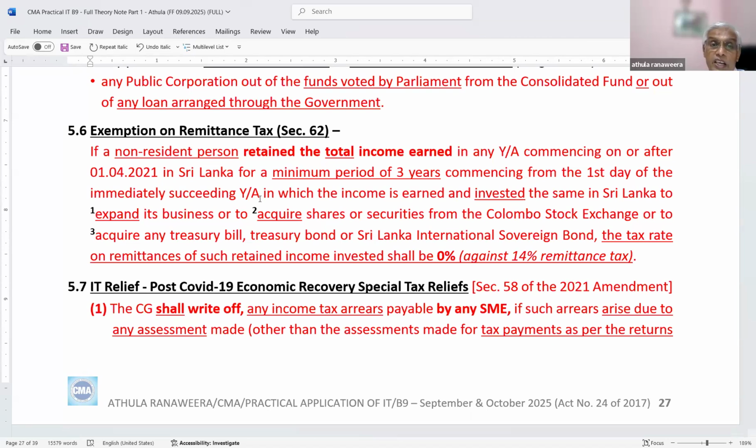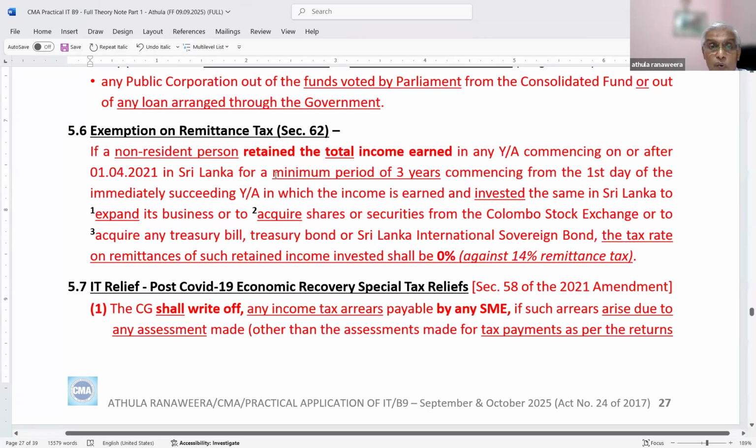After the profit, they remit their money abroad. Therefore, the government said, if you wait without remitting that money and retain it in Sri Lanka for another 3 years, you are exempted from tax. Exempted means remittance tax. You need not pay remittance tax.